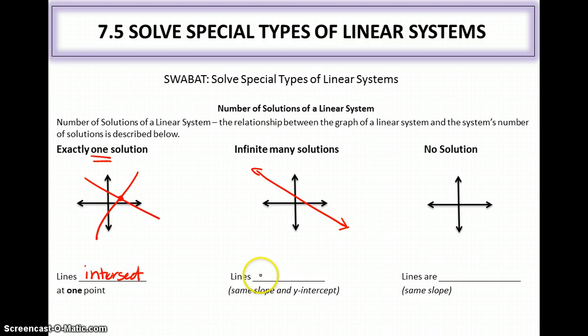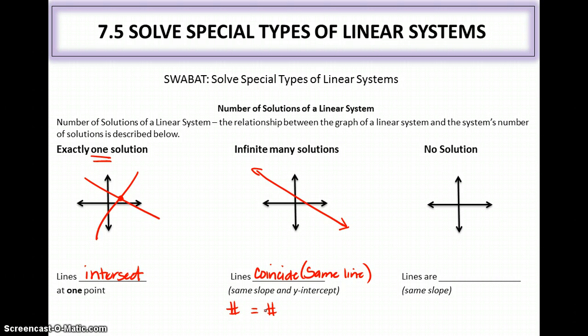In your book, it may say that they coincide, but that just means they are the same line. Same line means they have the same slope and the same intercept. So if you're solving algebraically, you would have some number equal to the same number. You'll see that in a little bit though.